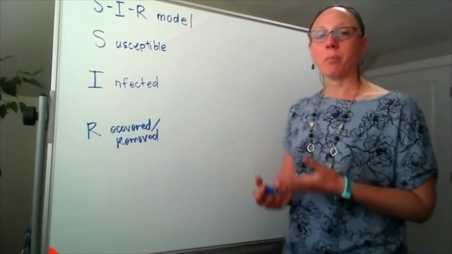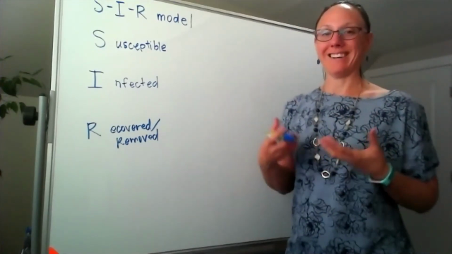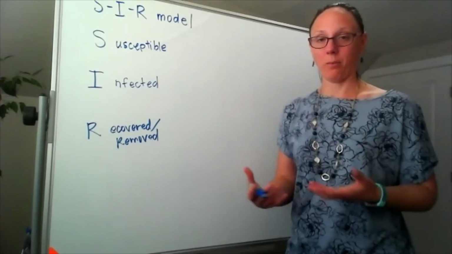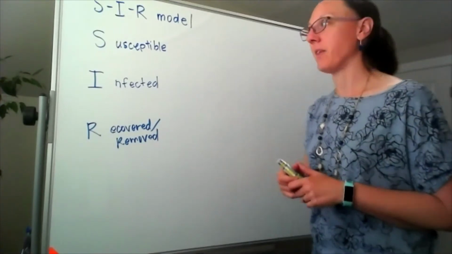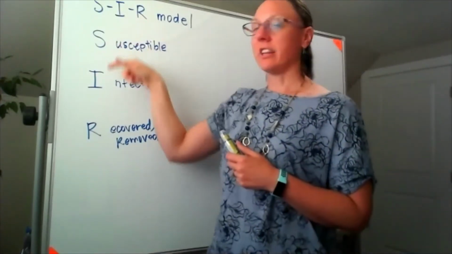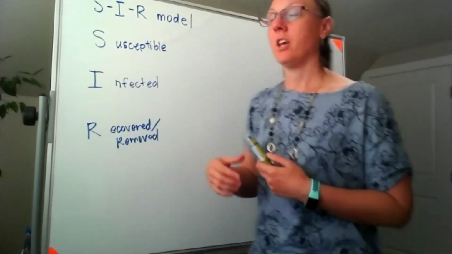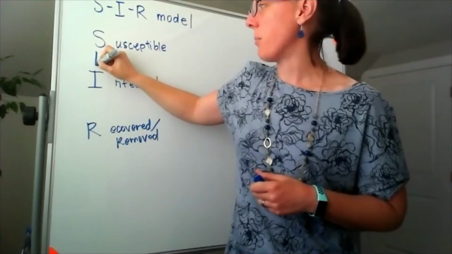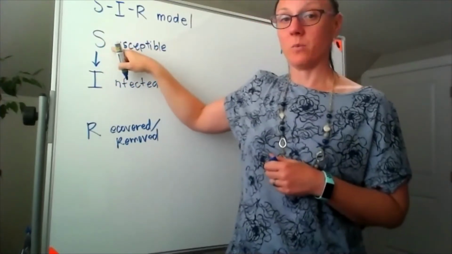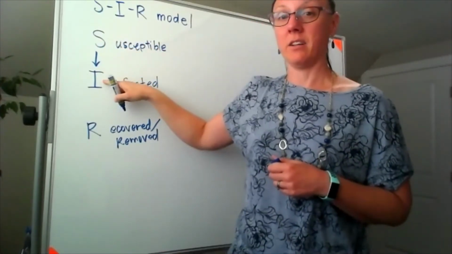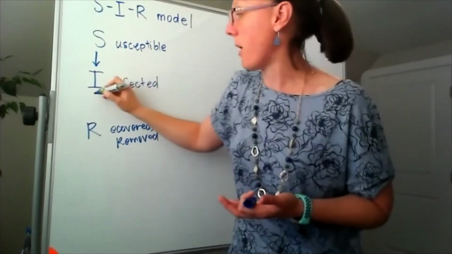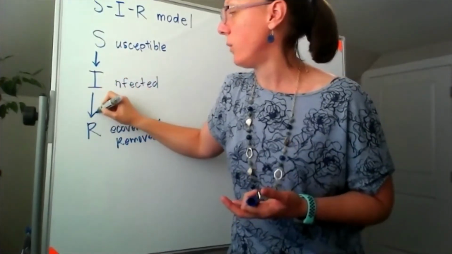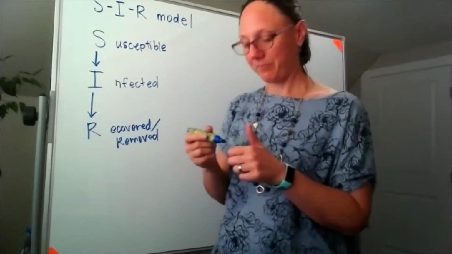So the reason that we put this under the category of a tank problem or a compartment problem is that there's a clear direction of flow. You're susceptible to the disease, and some percentage of the population that was susceptible will be infected. And then some percentage of the population that is infected will, in fact, recover.